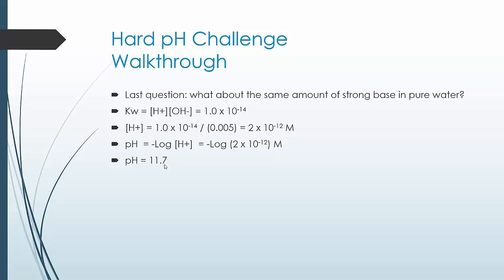Let's just consider it 12 to keep the analysis easy. 7 to 12 is 5 pH units of change. Remember, a change of 1 pH unit is an order of magnitude, that's times 10, because it's a logarithmic scale. Whereas with the buffering system, we went only from 3.75 to 3.79.